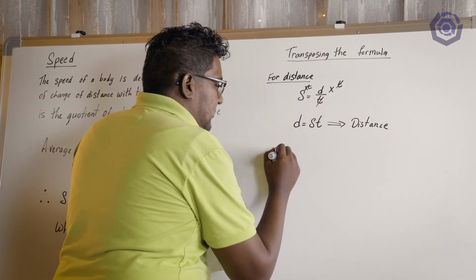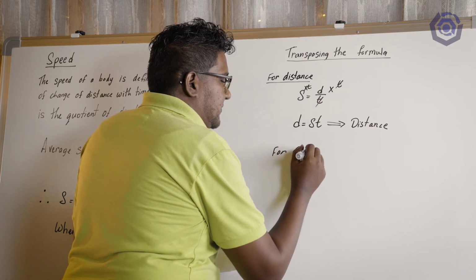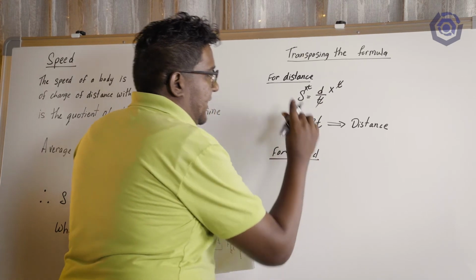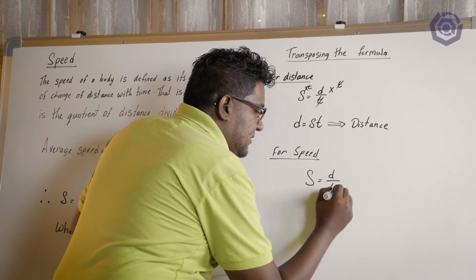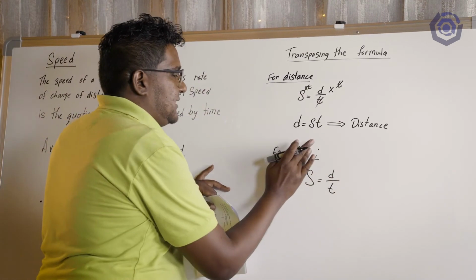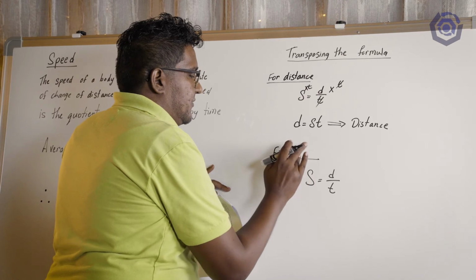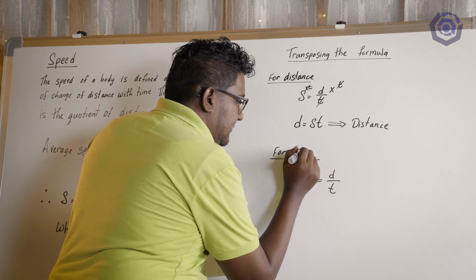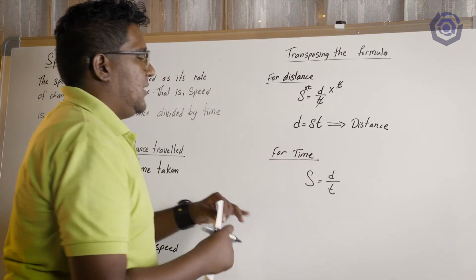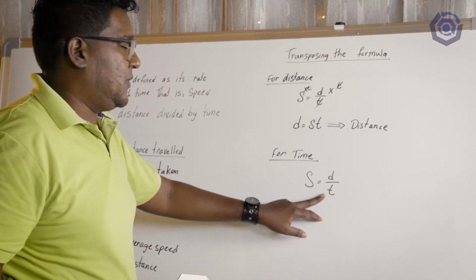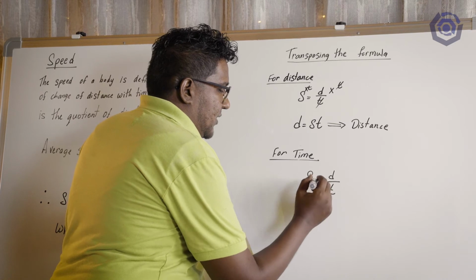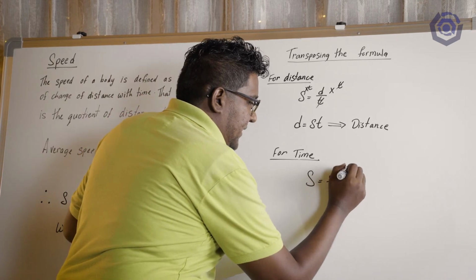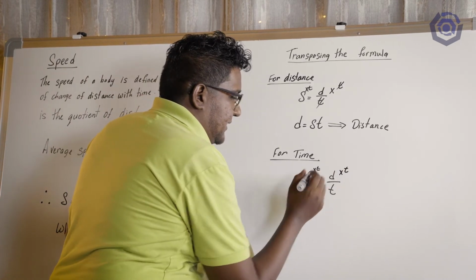And for time, again, we use back our general formula, which is s is equals to distance over, sorry, this should be time. For time, that means now we want t alone on one side. So in order to move t, we multiply again by t, and we multiply here by t.